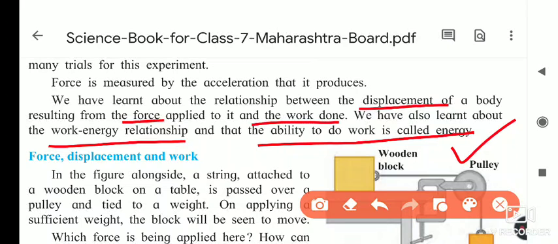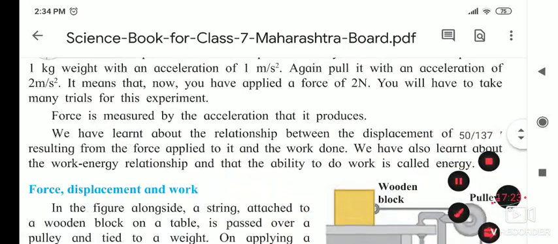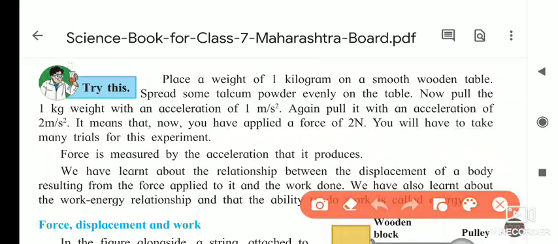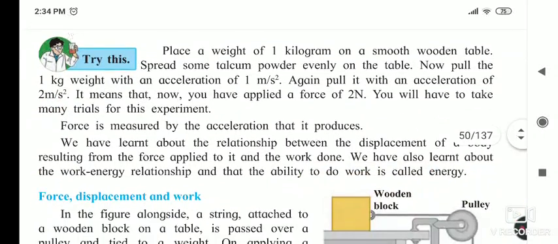The capacity or the ability to do work is called energy, and this is the definition of energy. Okay, so from this experiment what we have understood is, if you apply more force, then more displacement takes place, and if you apply less force, then less displacement takes place.